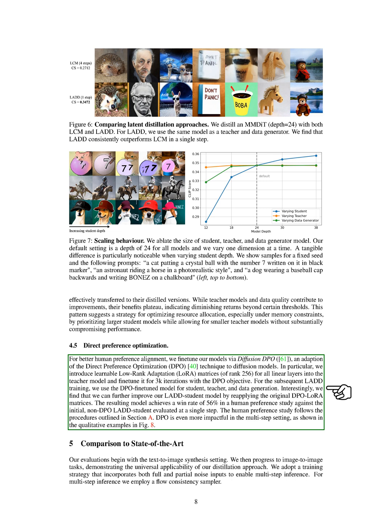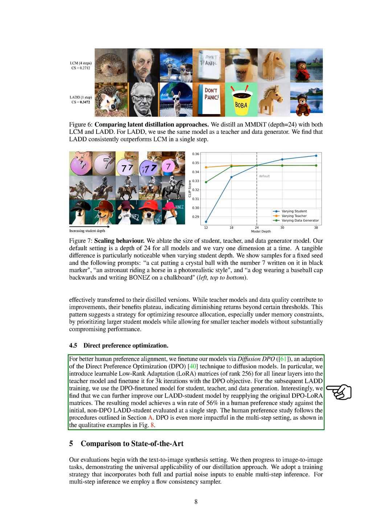We then fine-tune this model for 3,000 iterations using the DPO objective. In the subsequent training phase, LADD, we utilize the fine-tuned DPO model for both student and teacher roles, as well as for data generation.